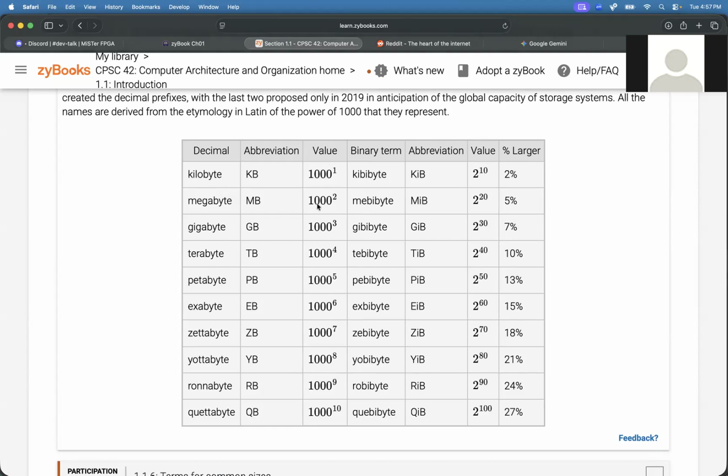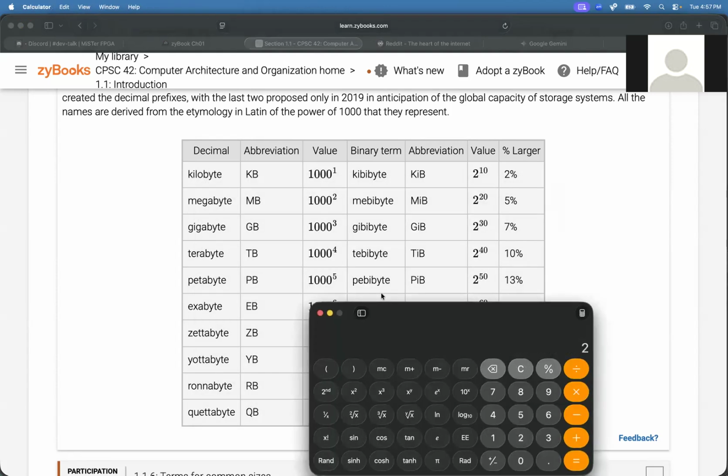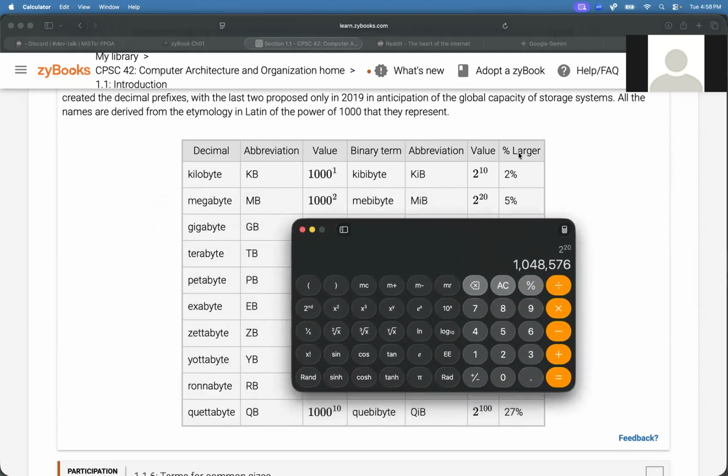And the closest you can get to a million, which is what a megabyte is, would be 2 to the 20, which you can grab a calculator and see what it is. It's actually more than a million. It's 1,048,000, which is why it says percent larger, 5. That's because this is about 4.8% larger than a million.